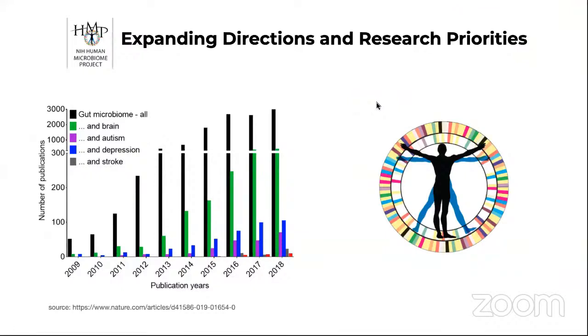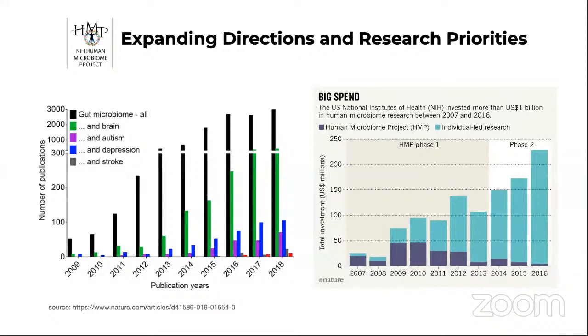So you can see that about 20% of US investment in research has gone to 2 phases of the Human Microbiome Project, which is creating the research resources needed to study the human microbiome in different areas of the body and the different organs. And the goal of this Human Microbiome Project, launched in 2007, is to create a toolbox of reference data sets, computational techniques, analytical methods, and clinical protocols.